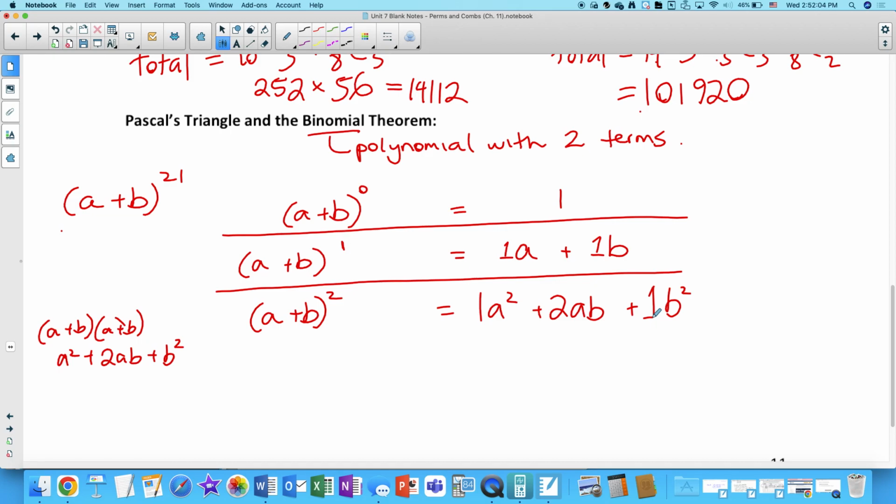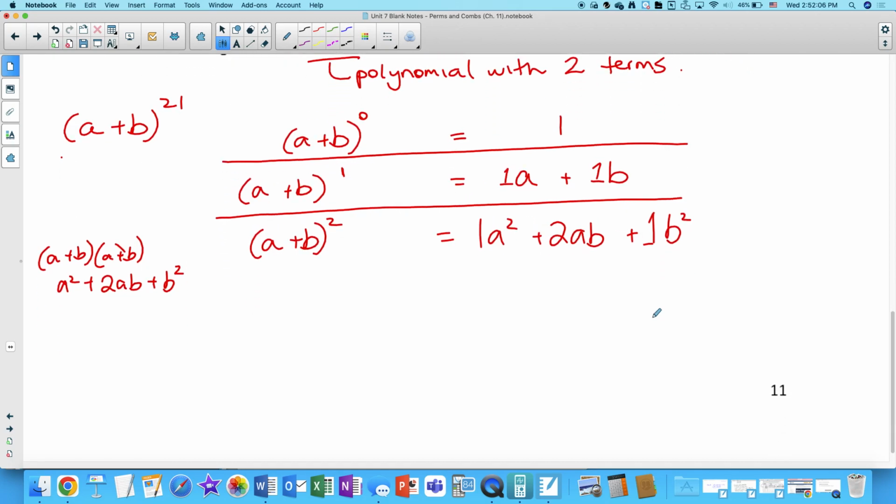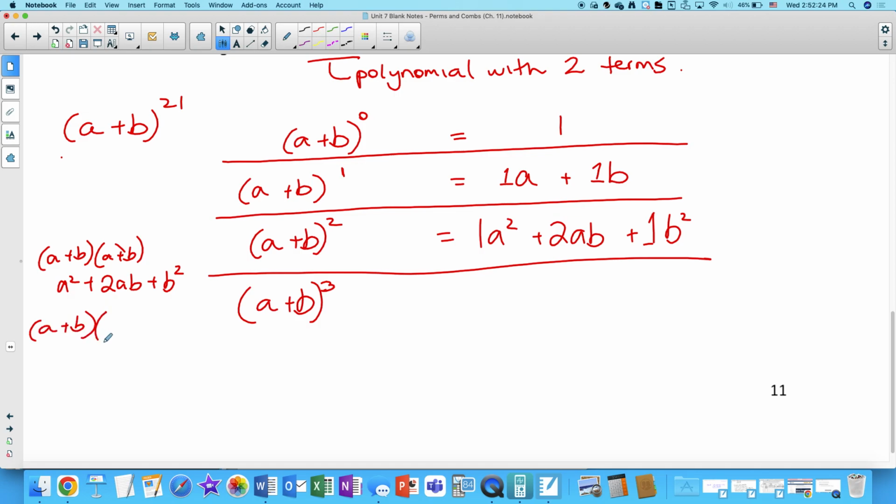Okay. Now let's say we do a plus b cubed. Well, a plus b cubed, we can take a plus b squared and multiply it by another a plus b. We're just bringing in another factor of a plus b. Right, so that's a cubed.